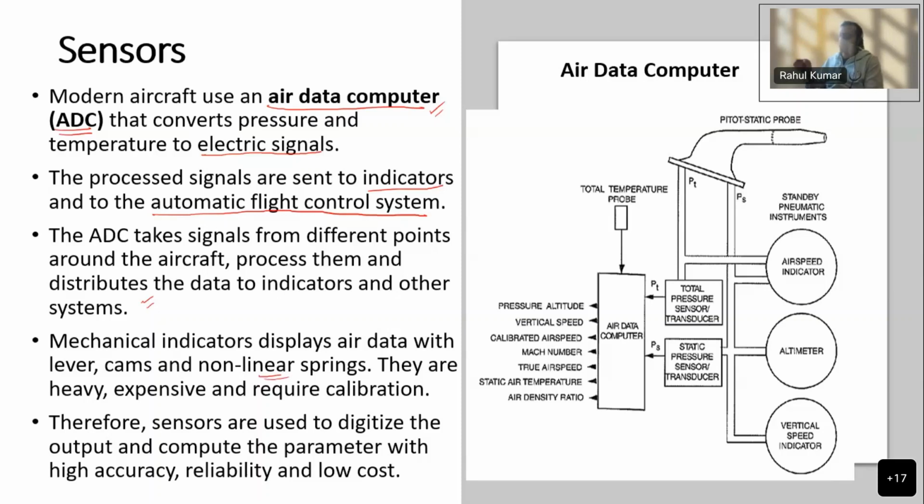So altogether they are not very useful nowadays. They are present in the aircraft just in case your digital indicators fail, but then again they increase the weight and they are relatively expensive. Therefore, as the alternative to these mechanical indicators, nowadays we use sensors to digitalize the output.